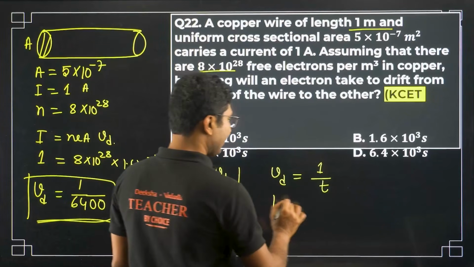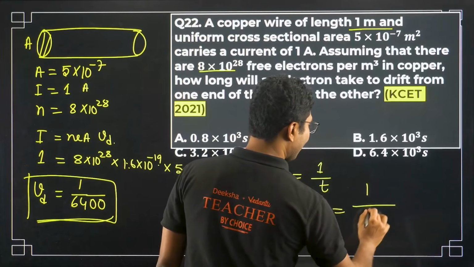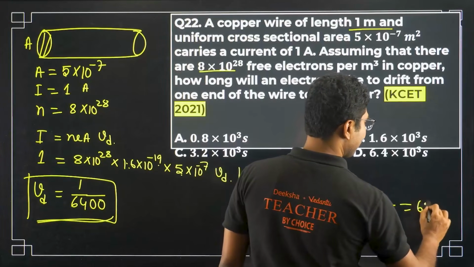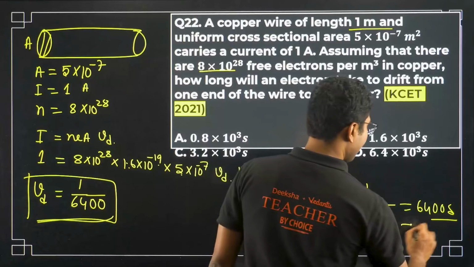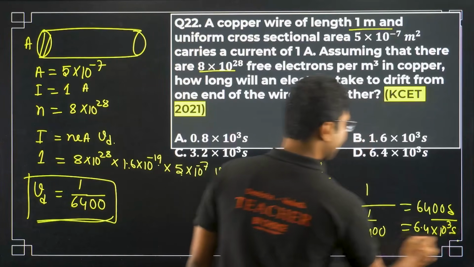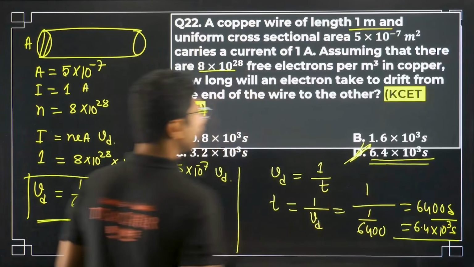So t will be equal to 1 by Vd. Now 1 by Vd means 1 by 1 by 6400, that is 6400 seconds, or 6.4 into 10 to the power of 3 seconds. So option D is correct.